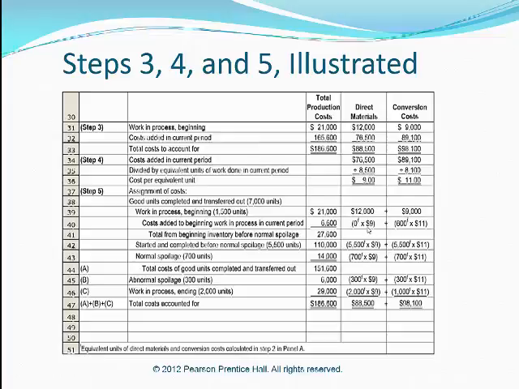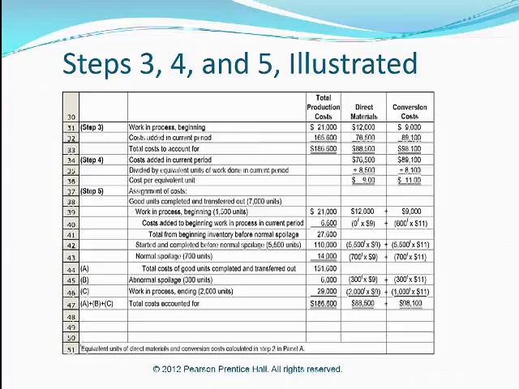Recall also that those units were 60% of the way. We're finishing them the remaining 40%. 1,500 times 0.4 gave us equivalent units of 600. So 600 equivalent units at 11 would give us our number of 6,600 that would go in this cell.